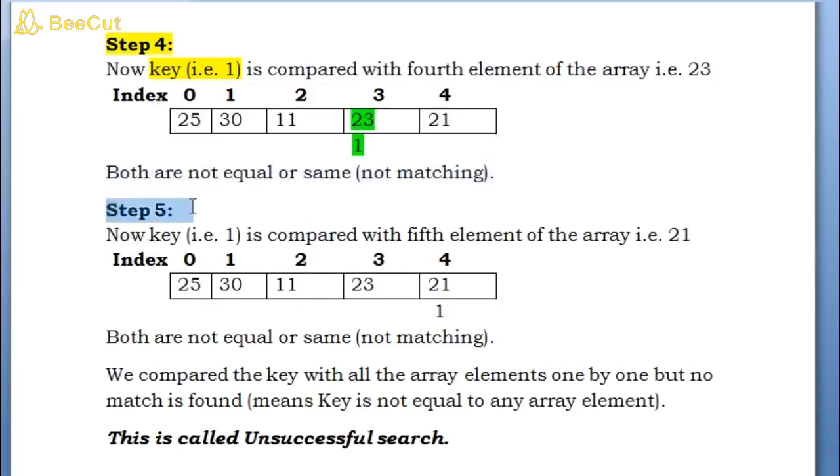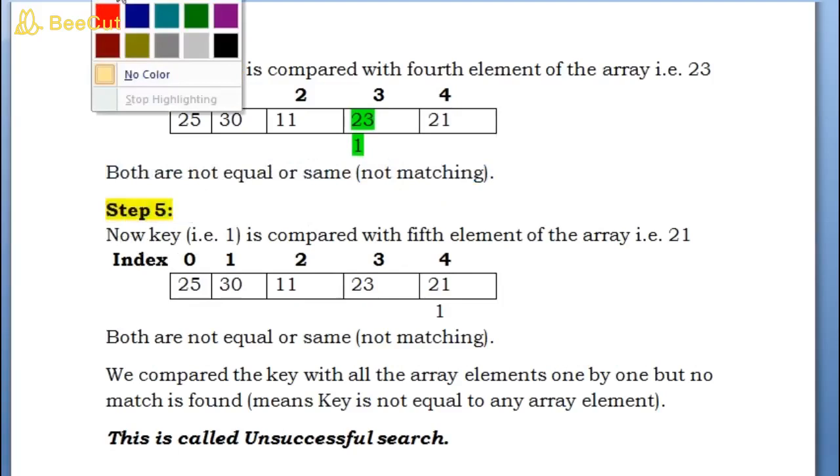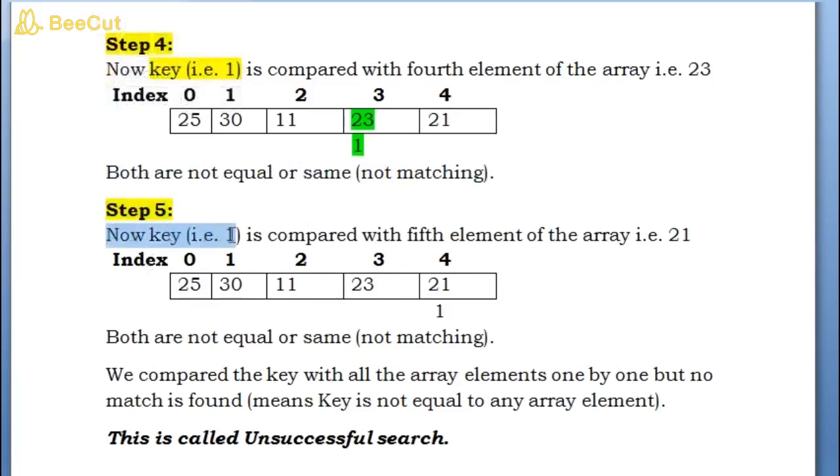So in the next step, step 5, now the key, that is 1, is compared with the fifth element of the array. What is the fifth element of the array? That is 21. What is the key value? 1. 1 and 21 are same?